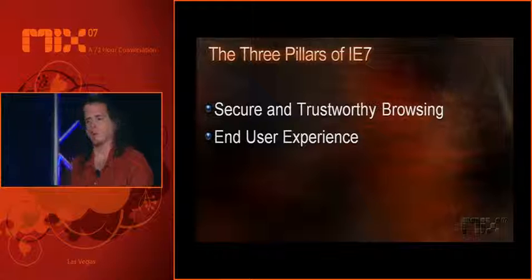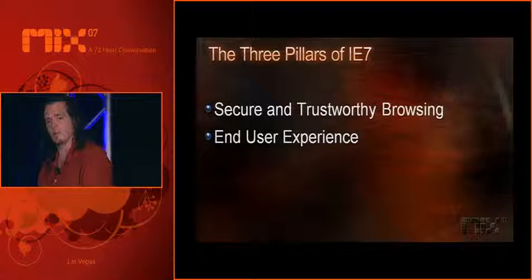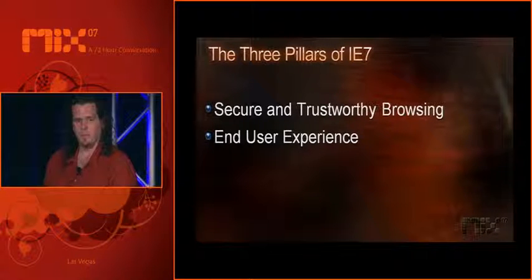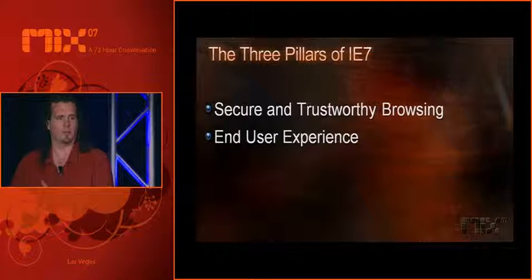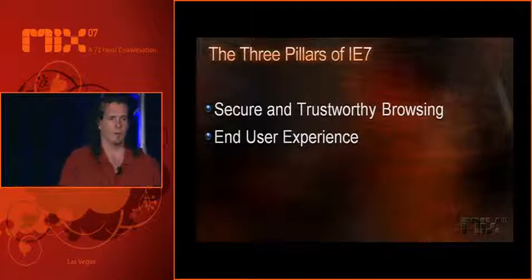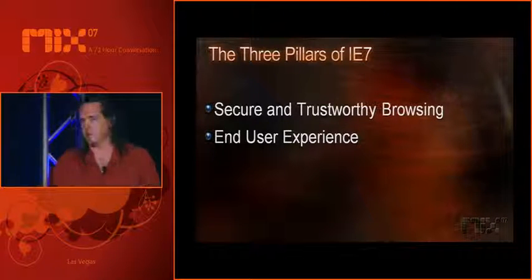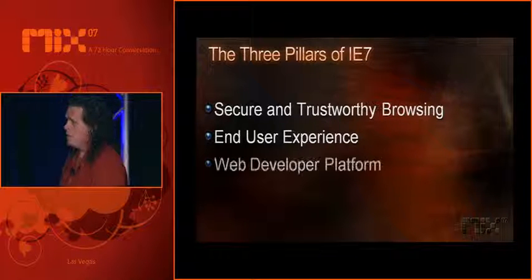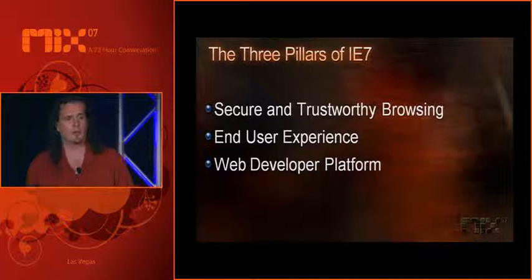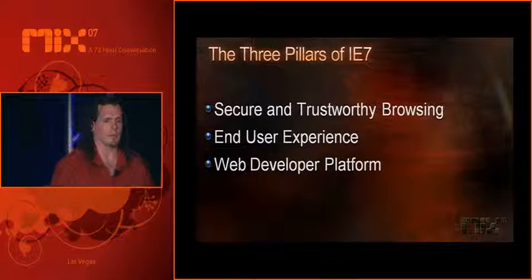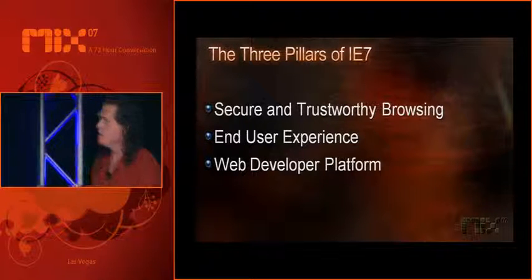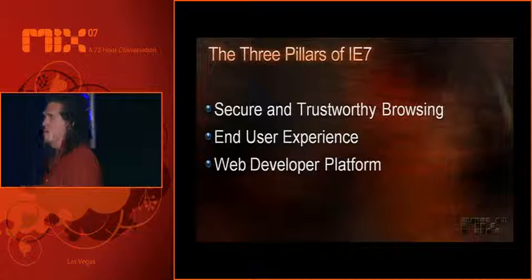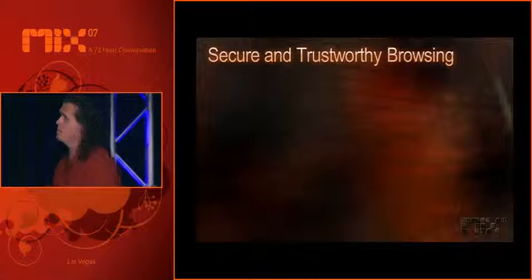On the other hand, if you look at what they do today, there are a lot of people, I'm actually in the minority here, who the first thing they do is type something into the search box or go to Google or go to Live or anywhere that can give them the search that they're familiar with. And finally, of course, we recognized we needed to do a bunch of work to update our web developer platform. So I'm going to quickly talk about each of these three.